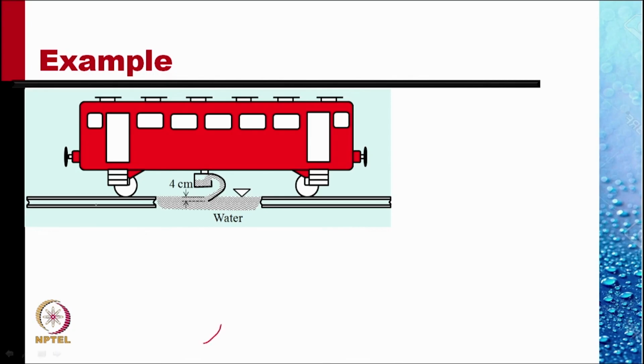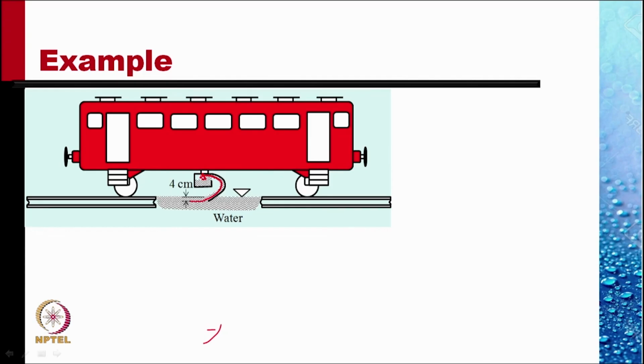As the train moved to the left, the water was scooped up into the reservoir. In this example, we have shown that the scoop is picking up a 4 centimeter layer of water. What is the rate of accumulation of water inside the control volume?